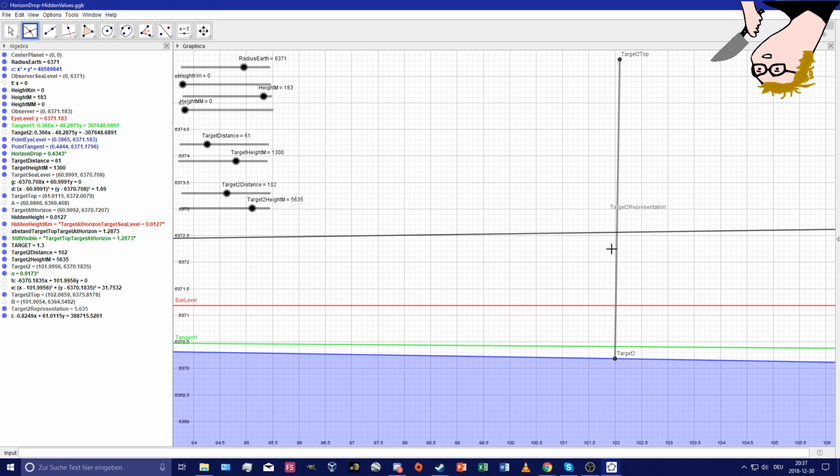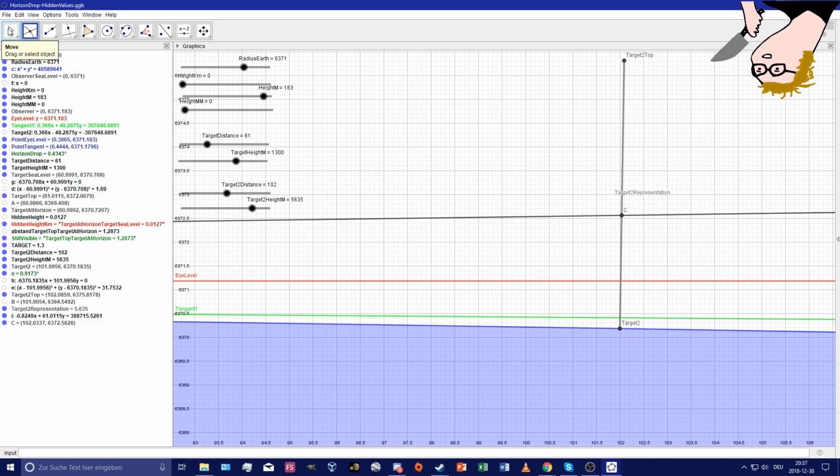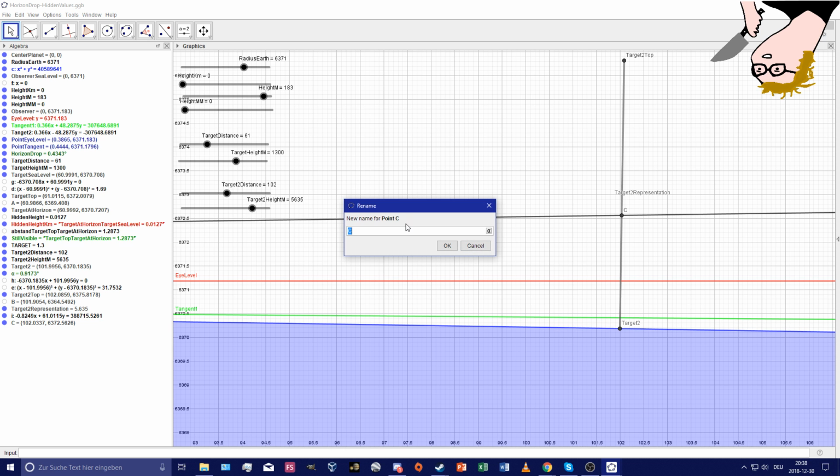So again, intersect from here to here. The only thing we need is the distance between those two. So I'm going to rename this to, how did I call it in the first one?